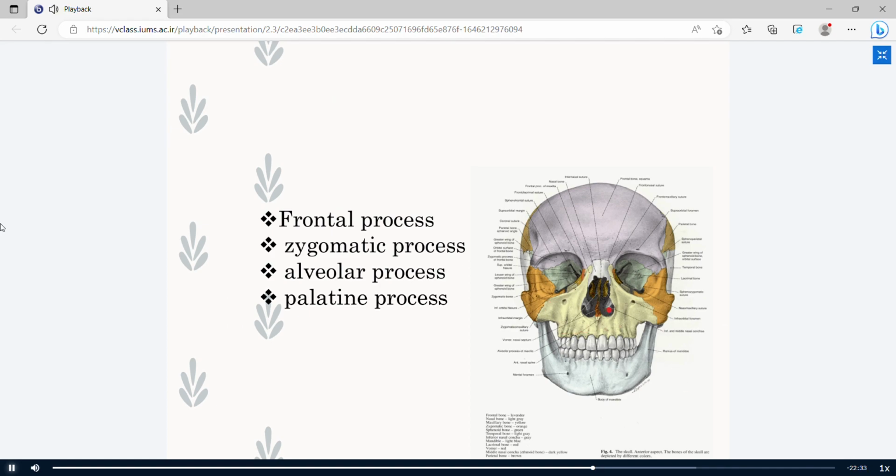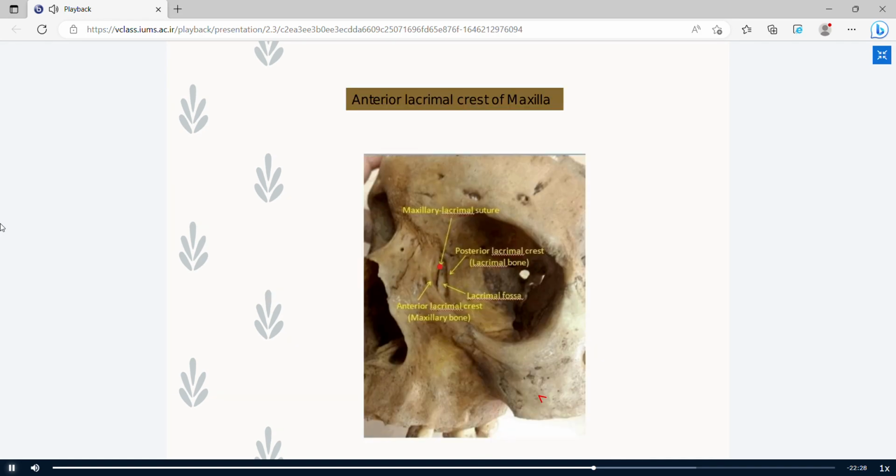The frontal process is located between the nasal bone and the lacrimal bone. This is the frontal process. On the frontal process, there is an anterior lacrimal crest.